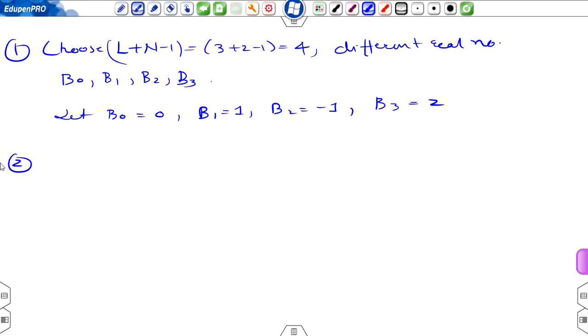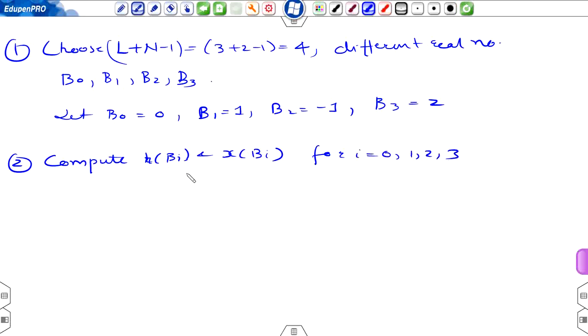Step 2 is to compute h of beta i and x of beta i for i equal to 0, 1, 2 and 3.